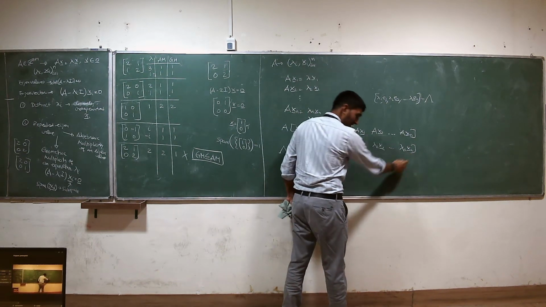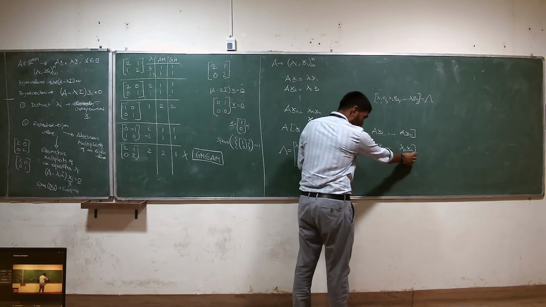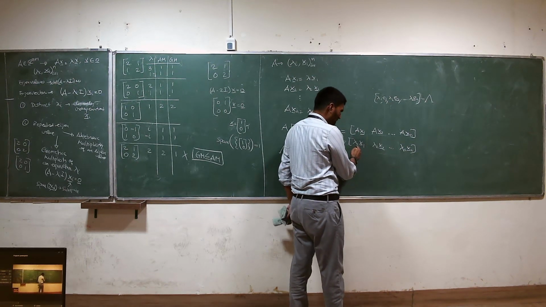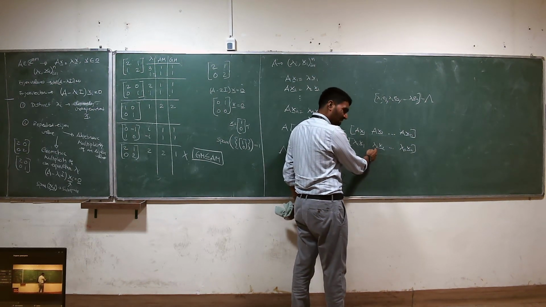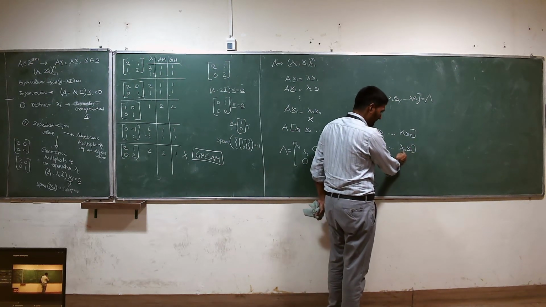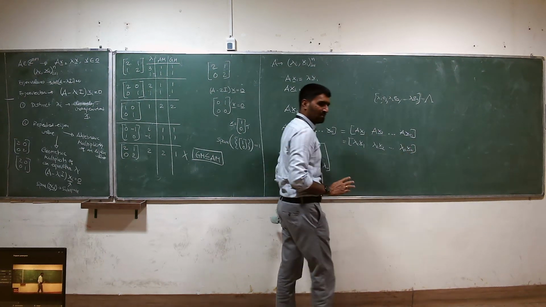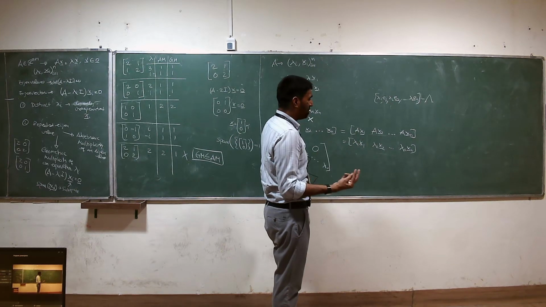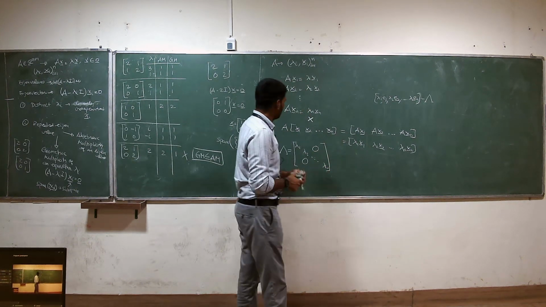Please listen to the question very carefully. I have this matrix. Forget about everything else. The first column is lambda 1 times x1. The second column is lambda 2 times x2. The nth column is lambda n times xn. I have defined two other matrices.